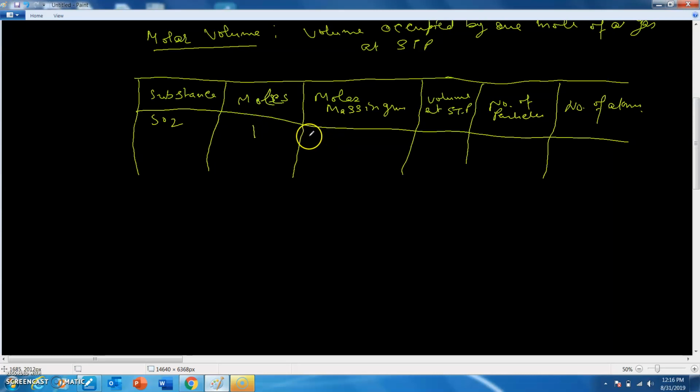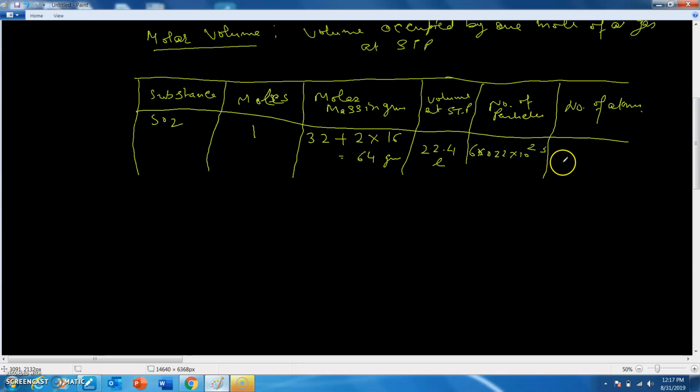Molar mass is, mass of sulfur is 32 and 2 oxygen multiplied by 16. This comes equal to 64 grams. And volume at STP, this is 22.4 liters because this is a gas. And number of particles is 6.022 into 10 raised to power 23.